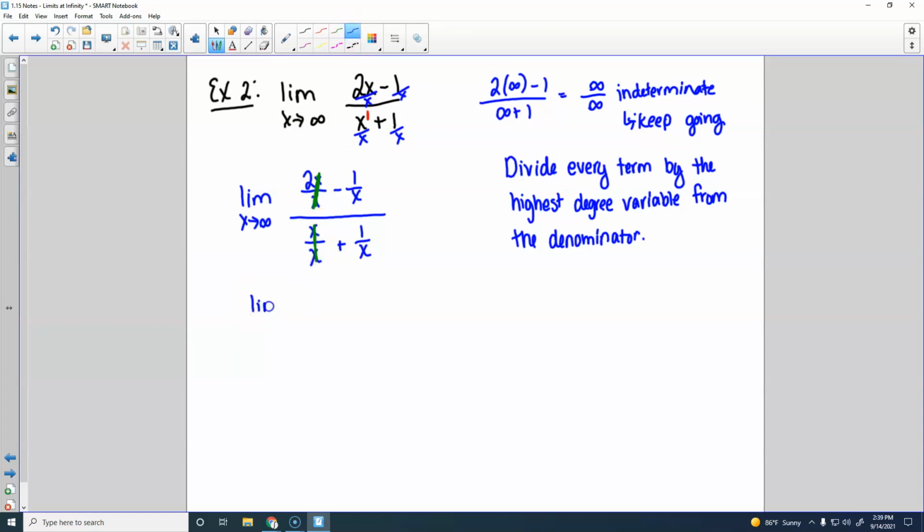So right here I'll have a 2 minus 1 over x in the numerator. What do I get when my x's cancel here? 1. That's a 1. Make sure you don't just make them go away, because x divided by x is 1, plus 1 over x.